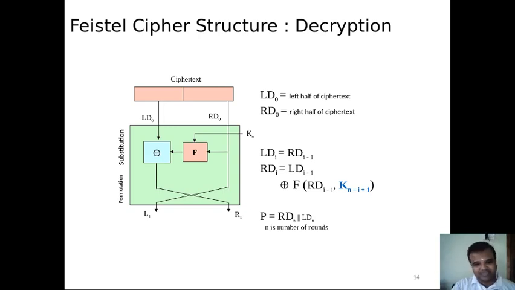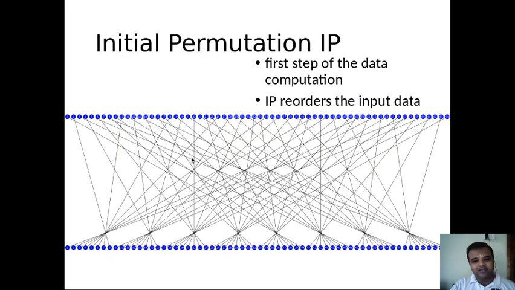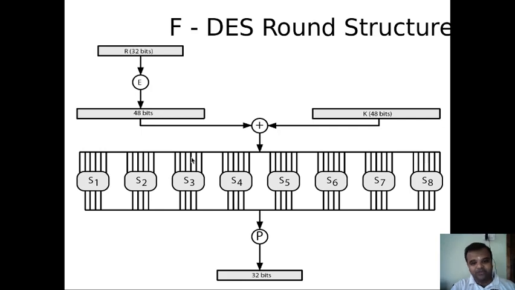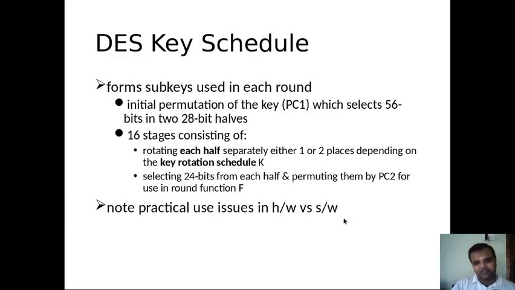So it is this F box here that performs this big function over here, and it is this box S5 that performs this substitution over here. Now all this goes into just that one little F box. After processing through the F box, you see how the algorithm goes.